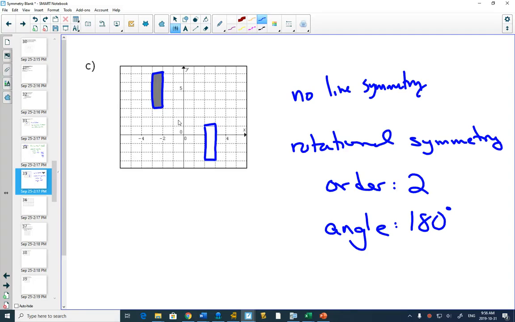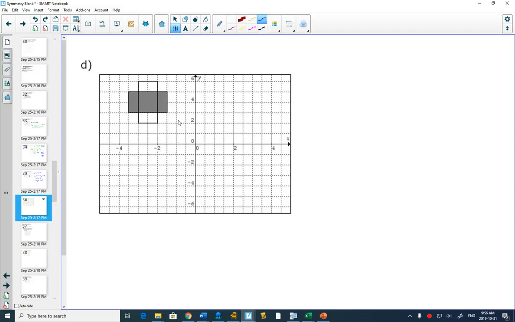Ross, we're on the second page. Another one. Again, try it first on your own. For line symmetry, does it have line symmetry? Yes.